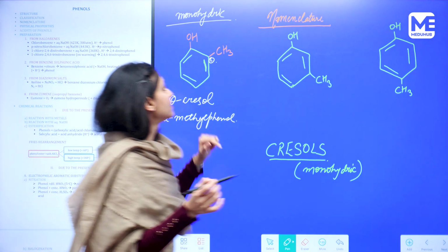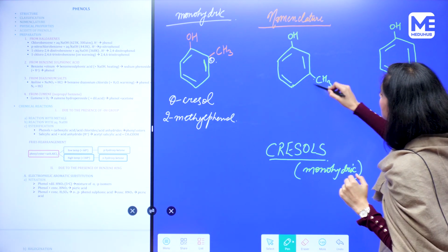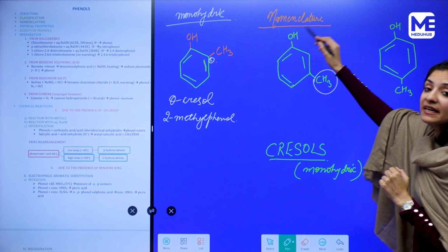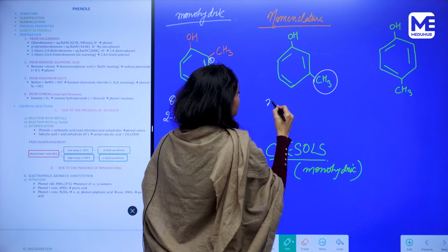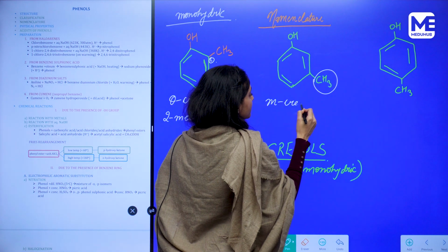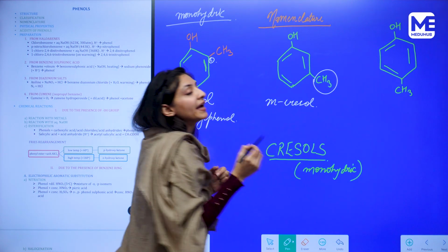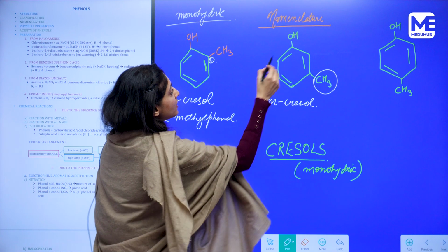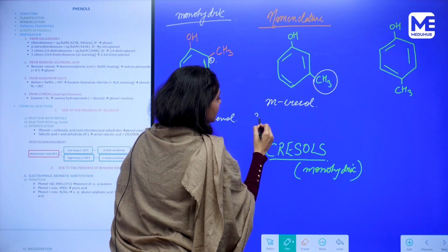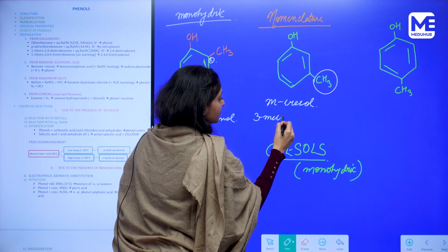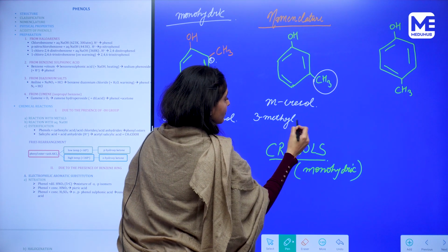Alright, coming to this, here the methyl group is at the meta position with respect to OH group. So this will be metacresol. And if you talk about the IUPAC name, this is carbon 1, carbon 2, carbon 3. So this will be 3-methylphenol.